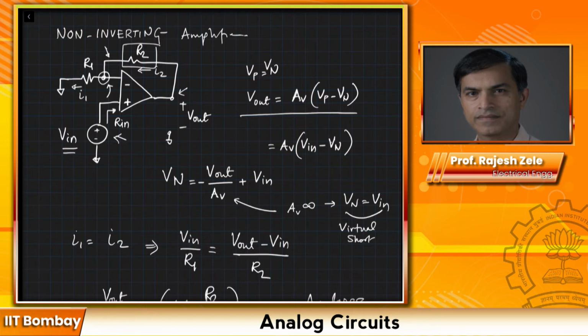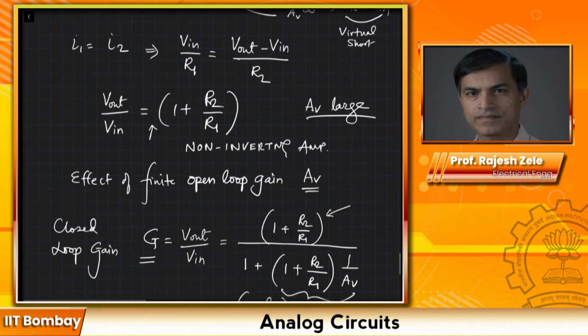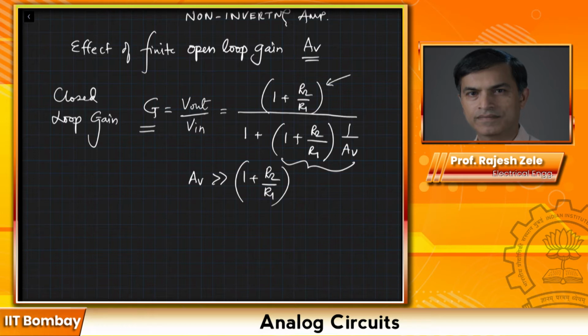Rin for this amplifier is going to look like it's infinite, and Rout, as I said, is going to look like 0, purely because there is a voltage source inside which is driving the output in that model, right? So the good thing about this non-inverting amplifier is Rin is equal to infinite and Rout is equal to 0.